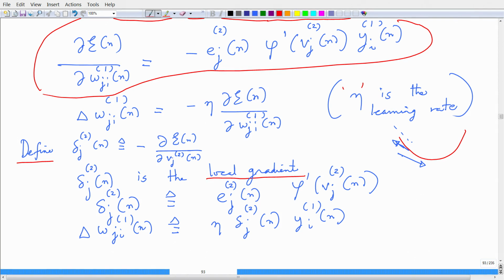Okay, now this is important. To get this derivative, we have to do all these calculations that involved 4 different partial derivatives.